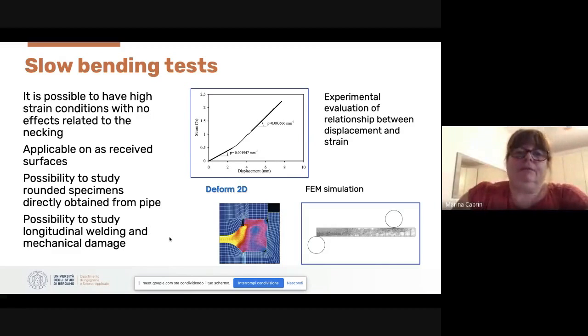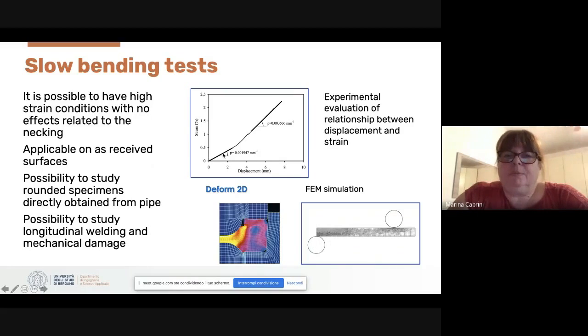We can see, for example, in the simulation of 3-point bending and the experimental evaluation of the strain in the specimen at different displacement of the grip.